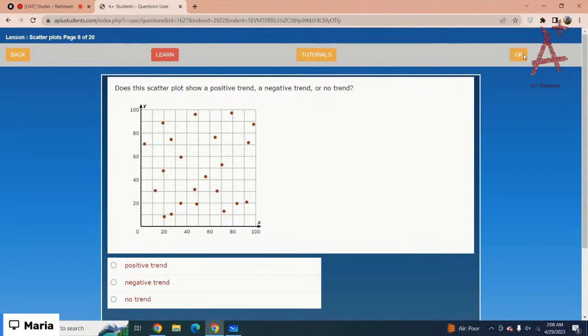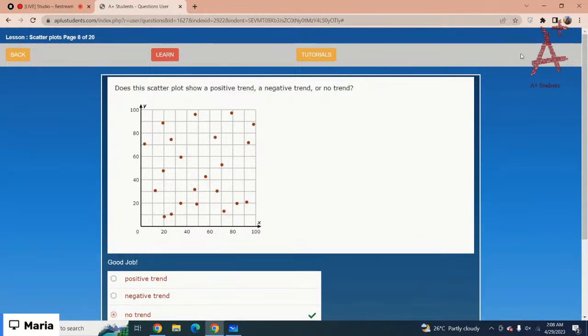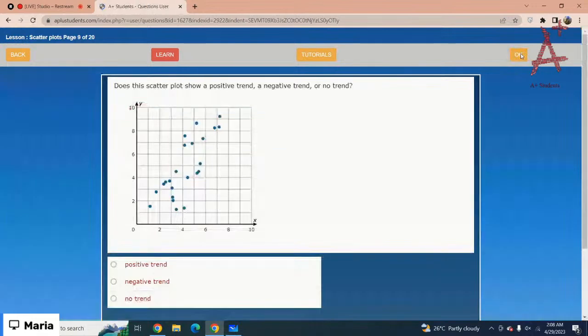So again, this one shows no trend. Okay, does this scatter plot show a positive trend, a negative trend, or no trend? Which is the correct option?